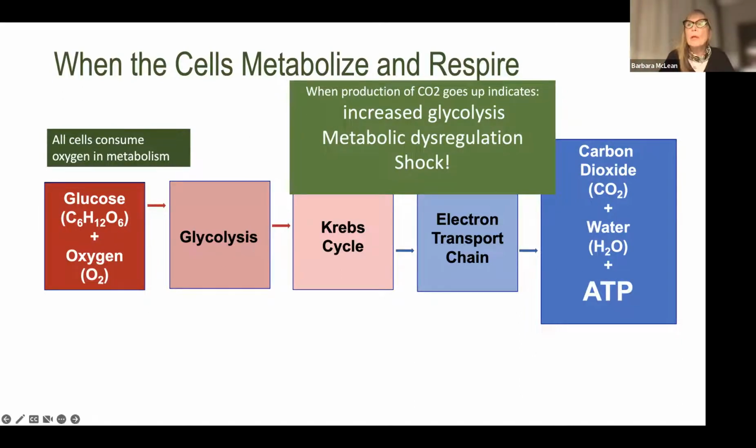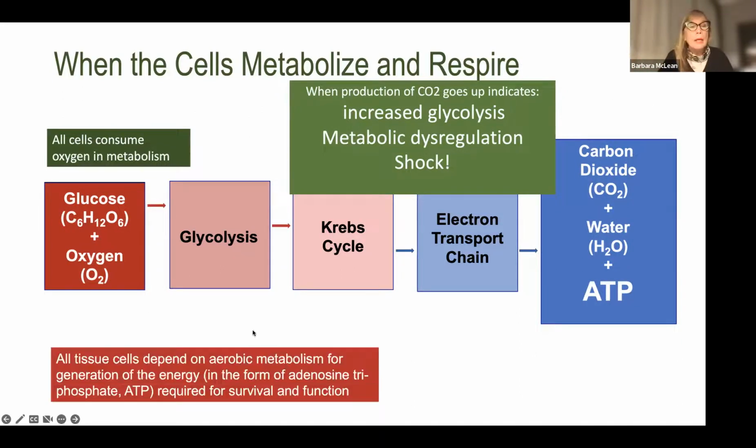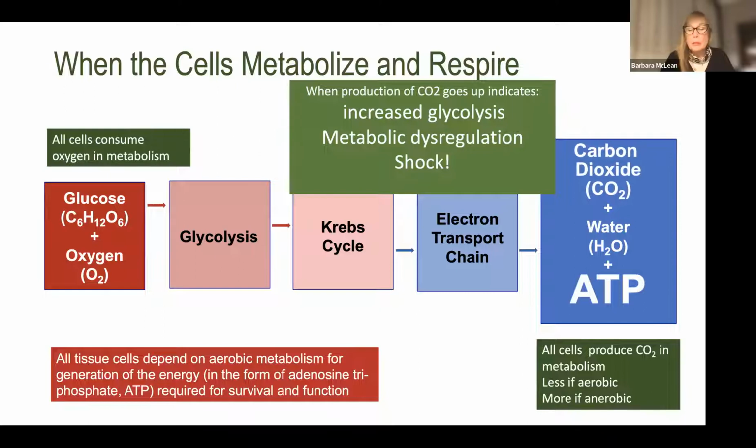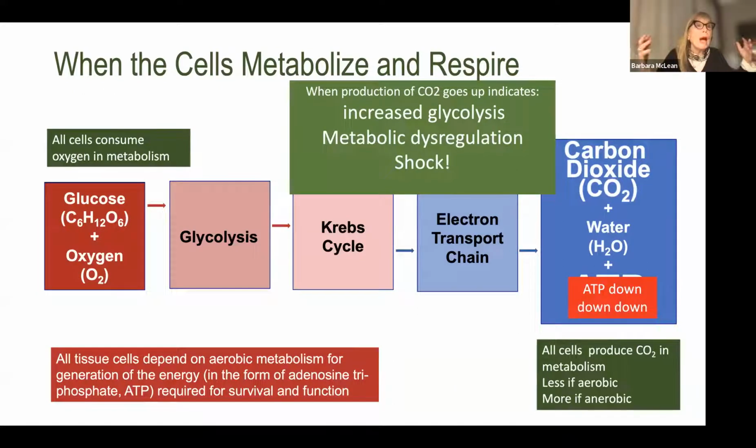But what ends up happening is to remind us that if you don't have adequate blood flow and adequate oxygen delivery, your ATP is going to decrease and your carbon dioxide is going to increase. So ATP goes down, down, down, and carbon dioxide goes up, up, up. And it's really important to remember you produce more CO2 if it's anaerobic, in the absence of oxygen.